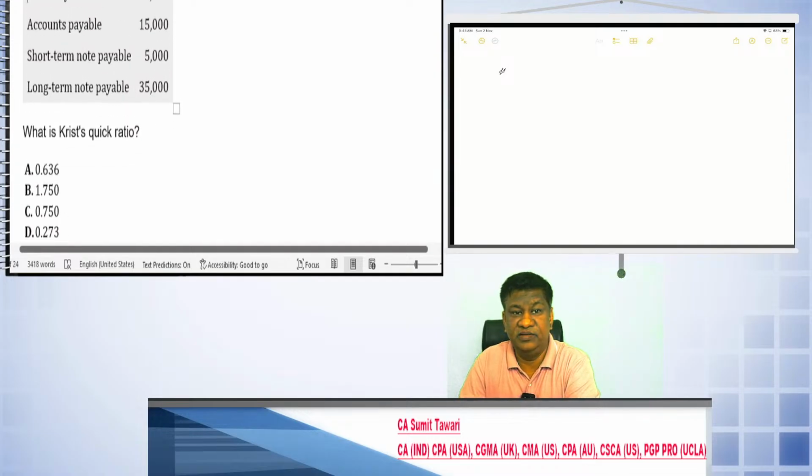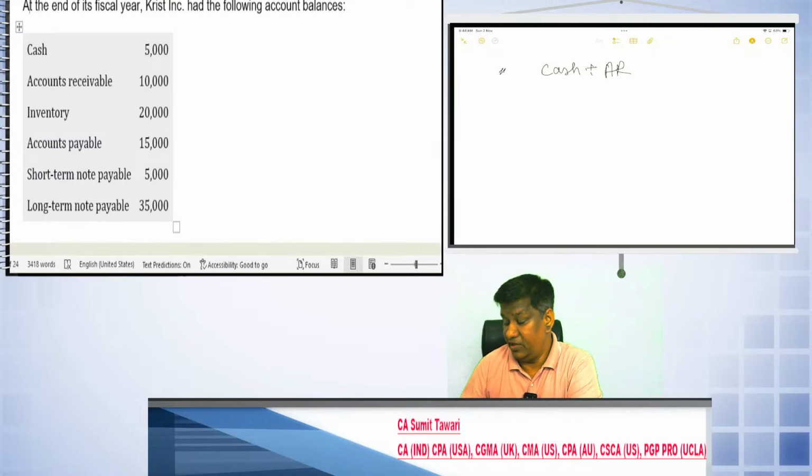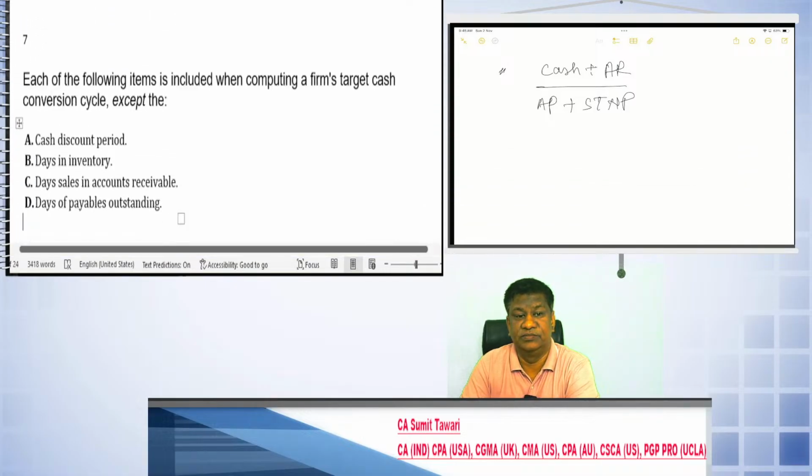So it is basically cash plus accounts receivable, AR. Inventory we should not consider. Divide by accounts payable plus short-term notes payable. So 15,000 divided by 20,000 is 0.75. Next.